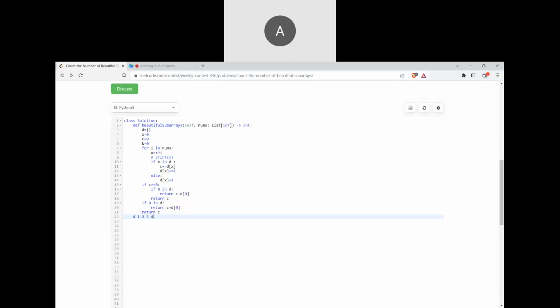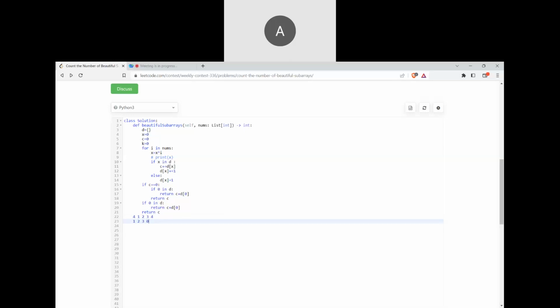So here the XOR value is 4, and after XOR 1, XOR 2, XOR 3, we get 0, so that's why we are getting 4 back. Or else there is a subarray 1, 2, 3. If we do XOR of this subarray, we would get 0 as the XOR value after this point.